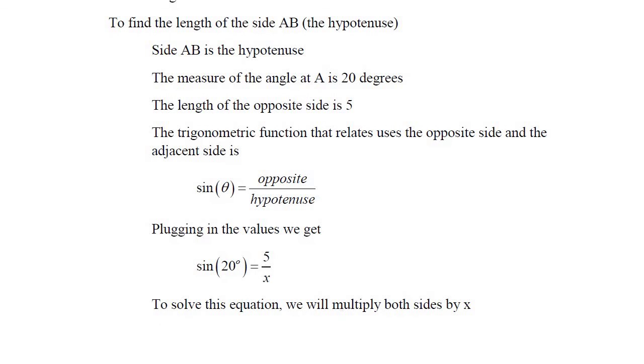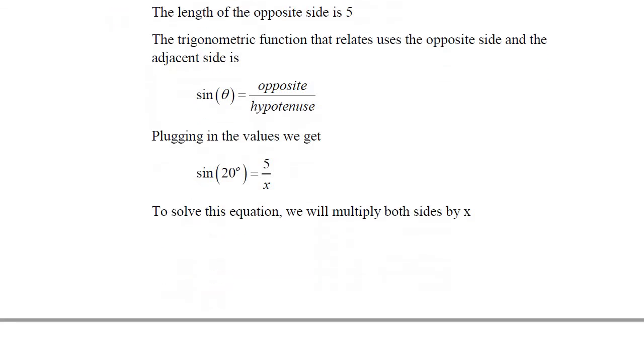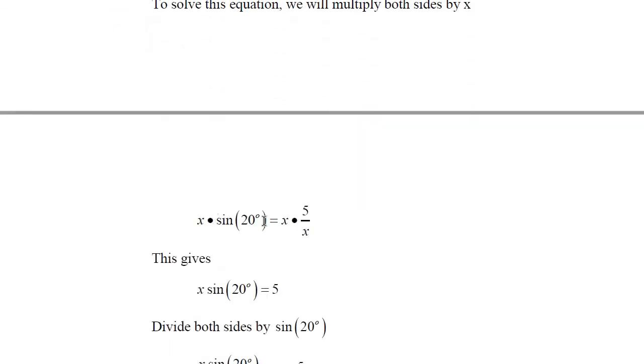To solve this equation, we're going to multiply both sides by x. So if we multiply both sides by x, this gives us x times sine of theta is equal to x times 5 over x. On the right-hand side, the x's will cancel, and this gives us x times sine of 20 degrees is equal to 5.